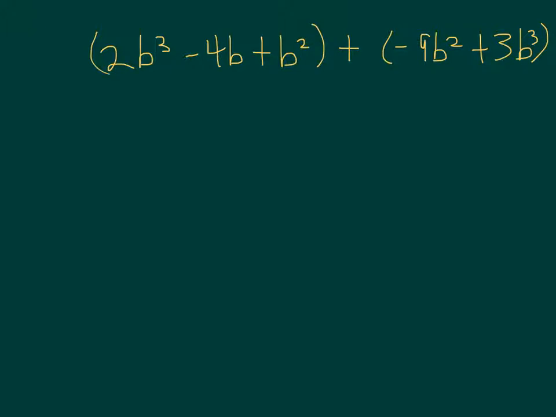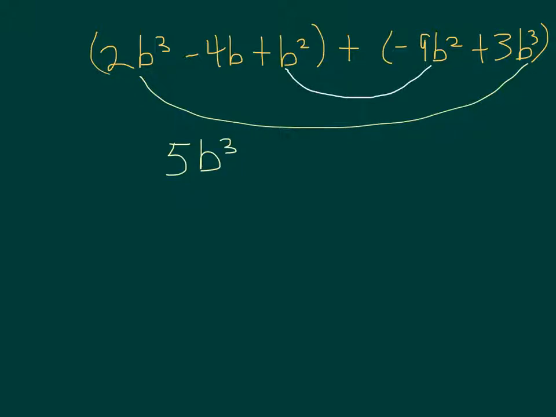We have a b cubed and a b cubed. So 2b cubed plus 3b cubed would be 5b cubed. Then we have a b squared and a negative 9b squared. Add those together and we would get a negative 8b squared.